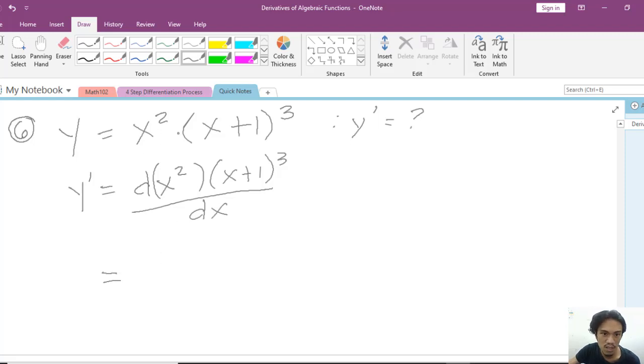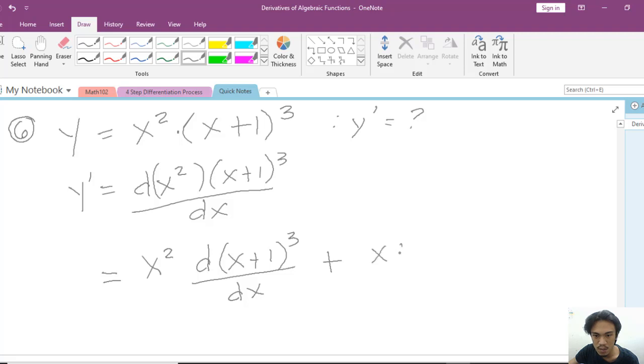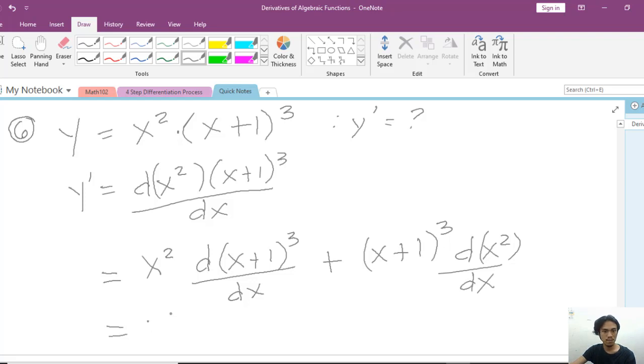For the product, copy the first term, x squared, times the derivative of the second term, (x plus 1) raised to 3, plus the second term, (x plus 1) raised to 3, times the derivative of the first term, x squared, with respect to x.